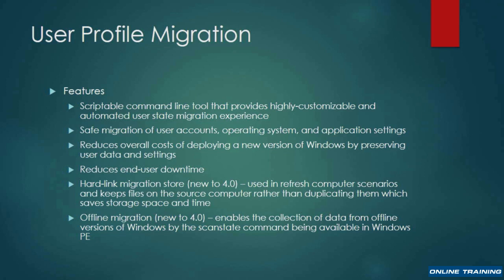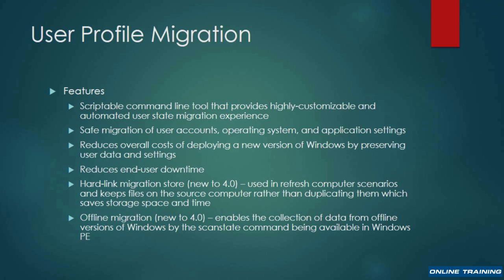You also have offline migration, also new to 4.0, and this allows the collection of data from offline versions of Windows. So you can use the scan state command in Windows PE. What that essentially means is that you can make it a part of the imaging process. You boot up to Windows PE, and we can have a script that is going to run automatically, or a script that we're going to execute, and that script looks at the local Windows installation that's on the drive about to be imaged, copies the user state data out of it to the network, then images the system, okay?